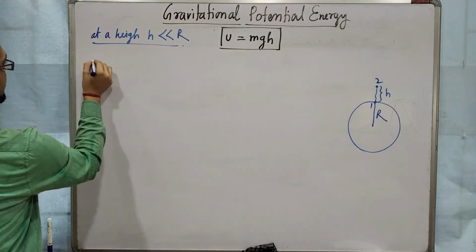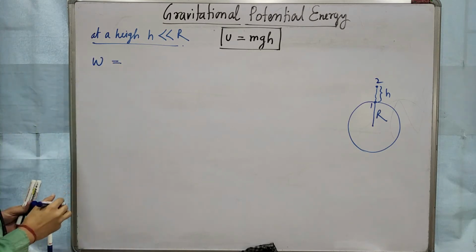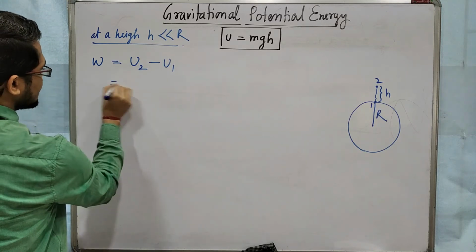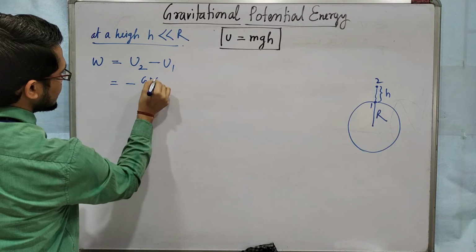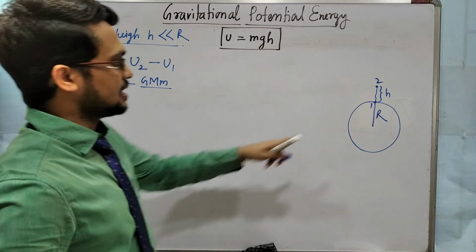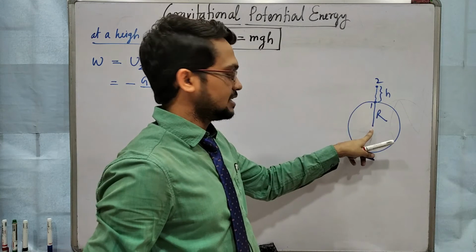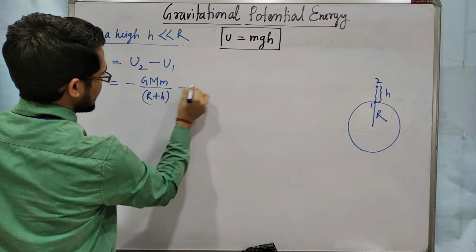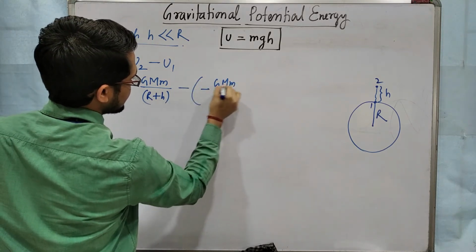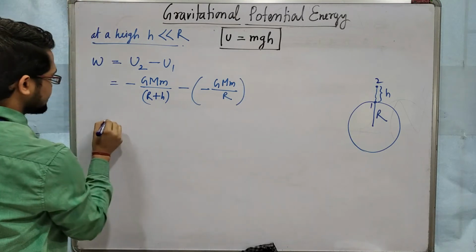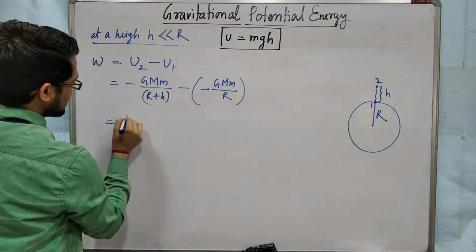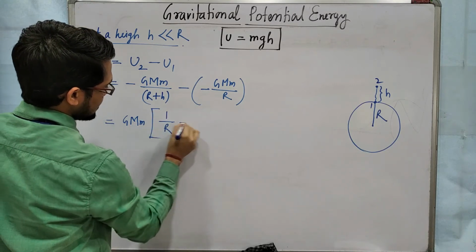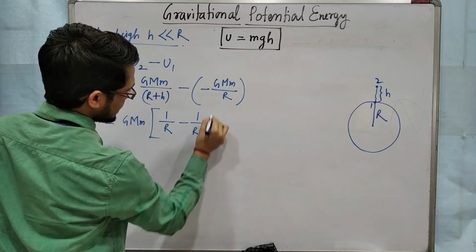So here the work done will be U2 minus U1. U2 means minus GMm by the distance of the final point from the center, that is capital R plus h, minus, minus GMm by capital R. Now take GMm common, you will get 1 by R minus 1 by R plus h.